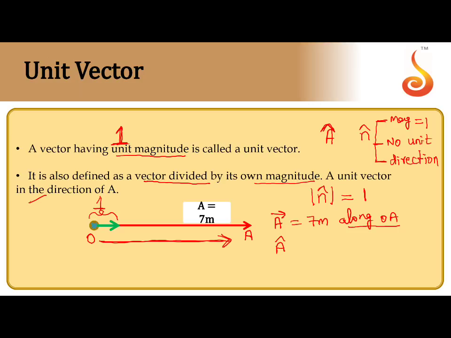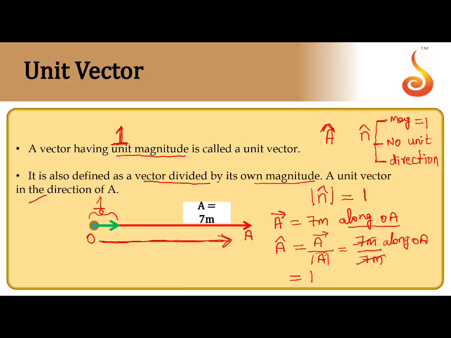According to the second definition, this can be written as the vector A divided by magnitude of vector A. This will be 7 meter along OA divided by, when I write the magnitude, it is only 7 meter. They both get cancelled.